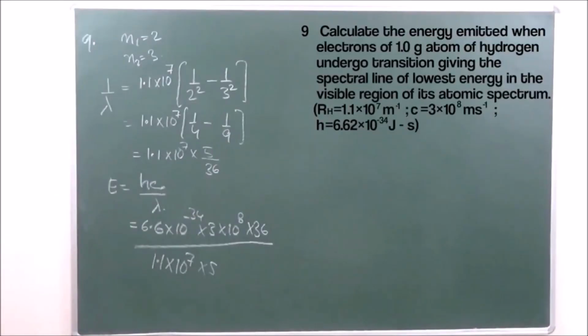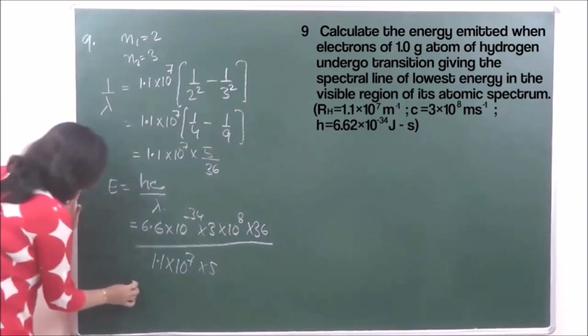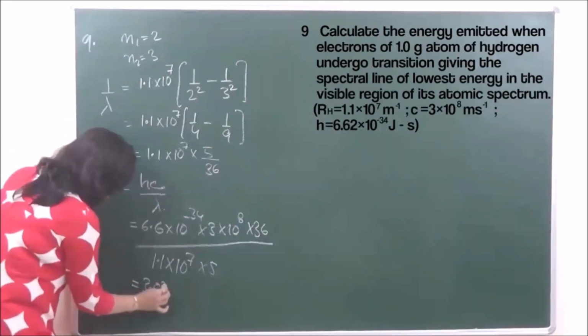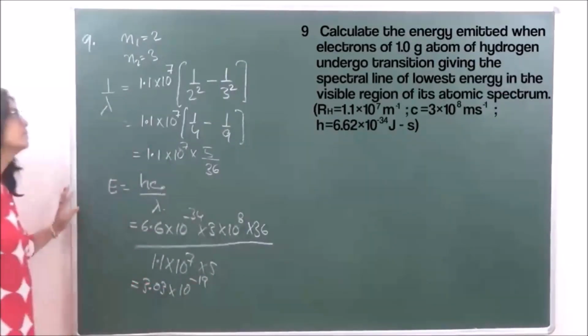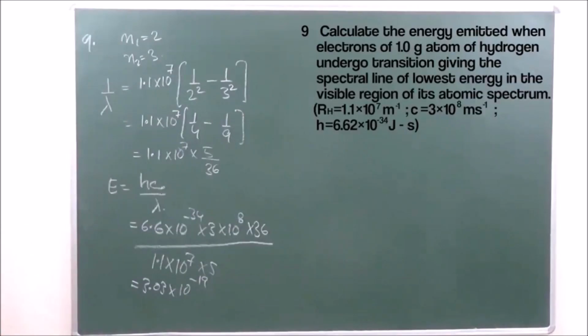This when calculated comes to 3.03 into 10 raised to power minus 19. Okay? This is the value of energy.